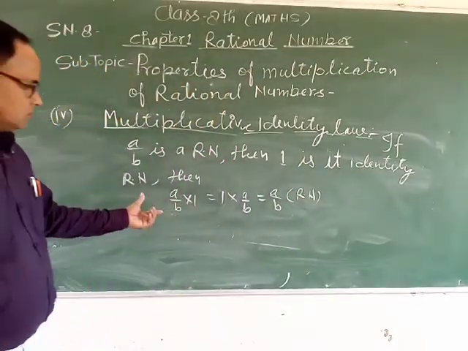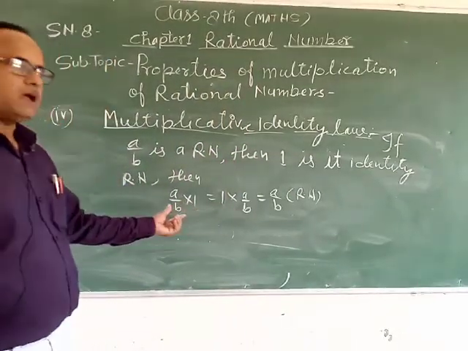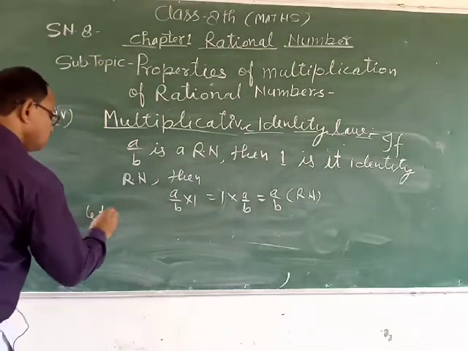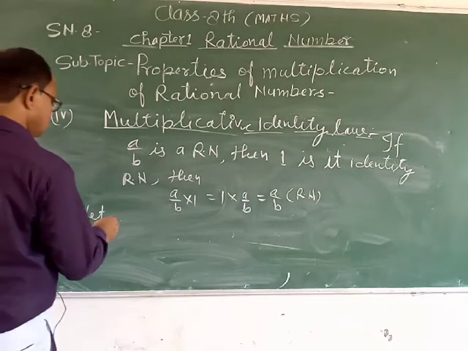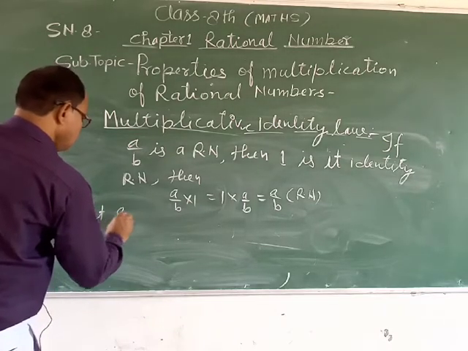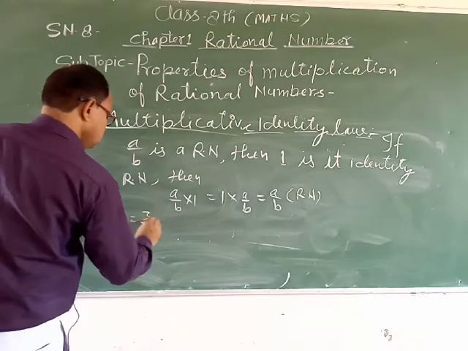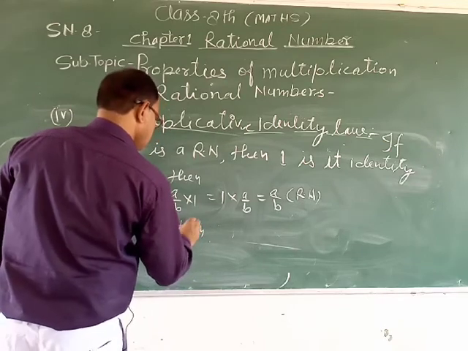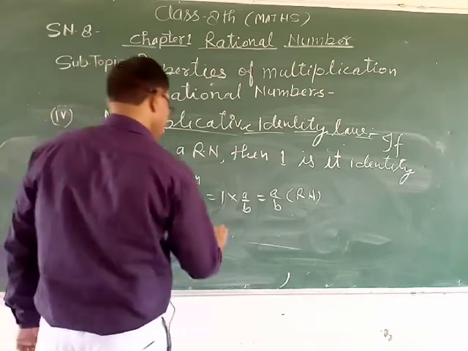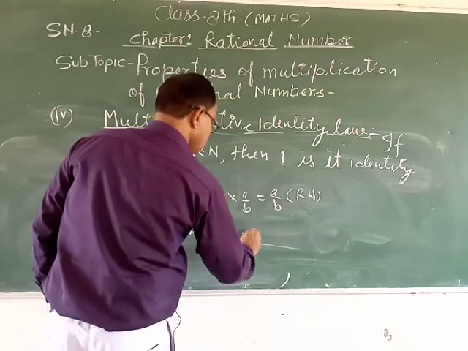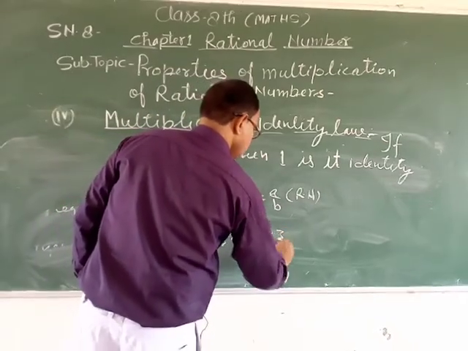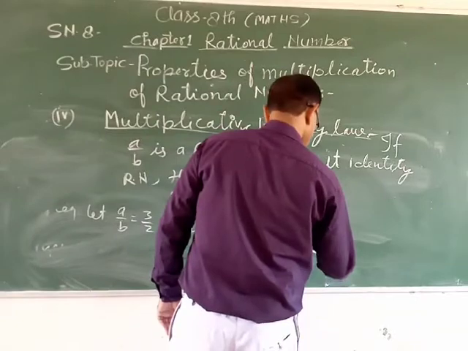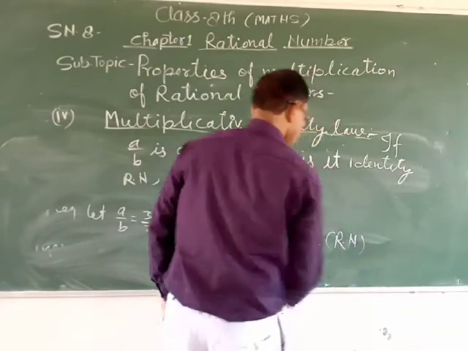There is no difference in multiplying 1 with any rational number. Okay, then here let A by B is equal to 3 by 2, then 3 by 2 into 1 is equal to 1 into 3 by 2 is equal to 3 by 2. There is no difference. It is also a rational number.